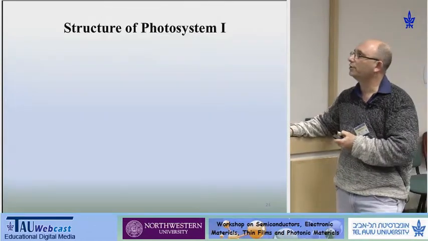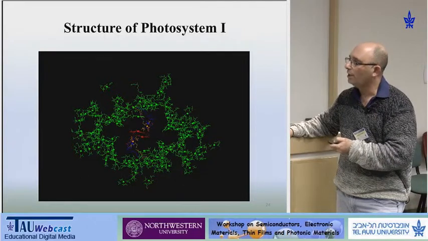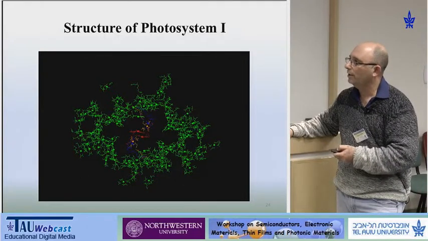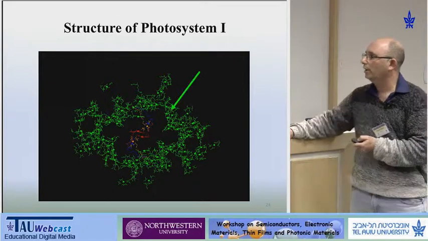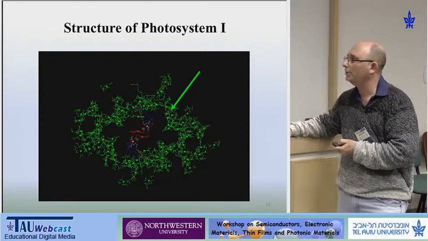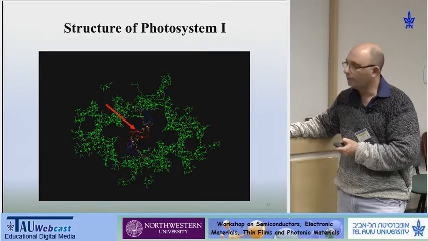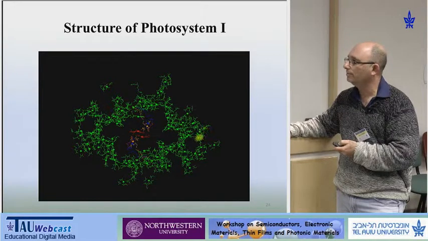So the structure of Photosystem 1 is as follows. This is a top view. You have a perfect antenna in which light is absorbed. And by means of a process which is now under debate, this light is transformed to an exciton.